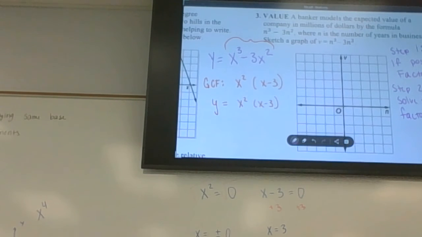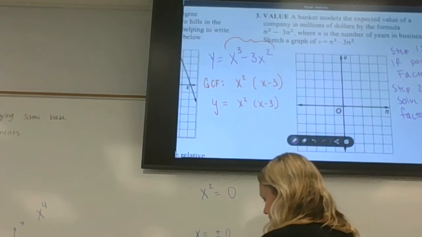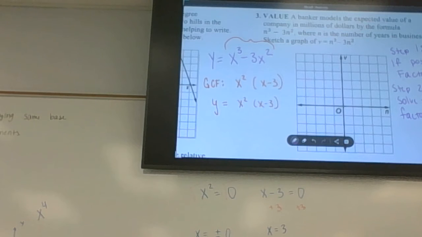Okay, so we have 1, 2, 3 zeros. You'll have to draw a little graph on your paper. It only has to go left, right 5, up, down 5. Right, so we have 2 points to create this graph. All because we figured out how to factor.